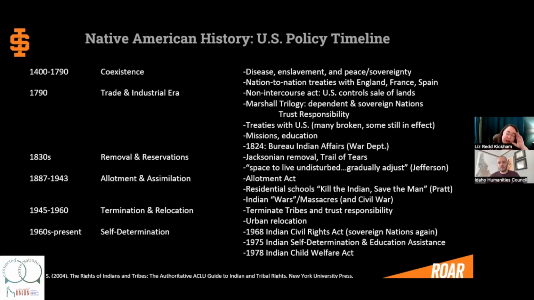The Allotment Act is an act that took all of these reservation lands that were held communally by the Native nations, and divided up the lands into what's now called a patchwork, so that those individual allotments of land could be allotted to families.